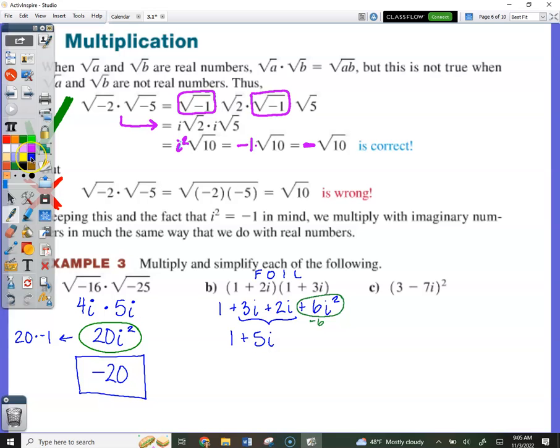So then I'm going to come right here and write -6. Now, 1 minus 6 is -5. Bring down the i part, and that's the answer. Remember, the imaginary part goes at the end.